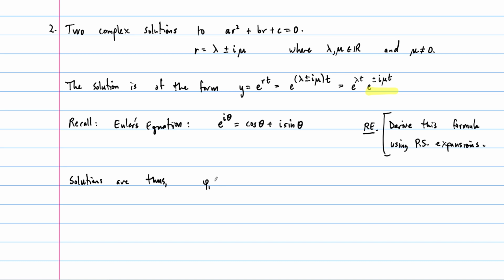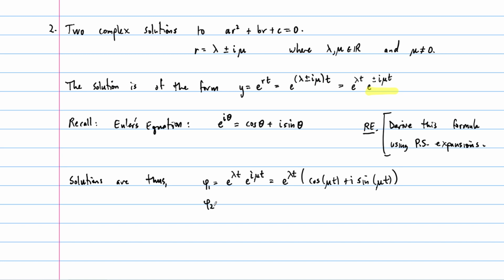I'm going to call this phi1. It's e to the lambda t times, and then I plug into this formula. Let's write it in two steps. e to the i mu t, positive, so this one is e to the lambda t times cosine of mu t plus i times sine of mu t. Okay, so there's one solution.